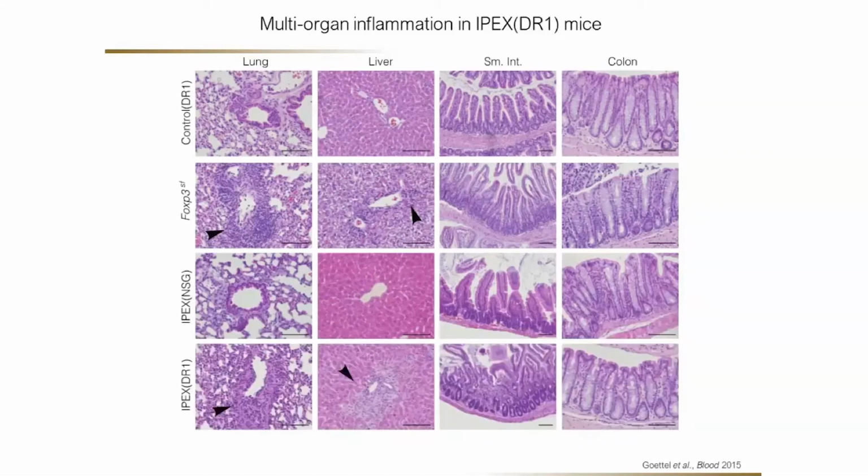But I hope what you can see in this last set of images is that the IPEX stem cells in the DR1 expressing animals do evoke an immune response in these different tissues, very similar to what the FOXP3 deficient mice look like. So in this way, it looks like a mouse expressing a human HLA promotes better adaptive immune responses, so that when reconstituted with a patient's stem cells that lack FOXP3, we can model this monogenic disorder.